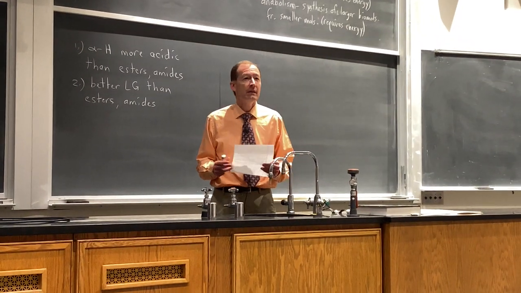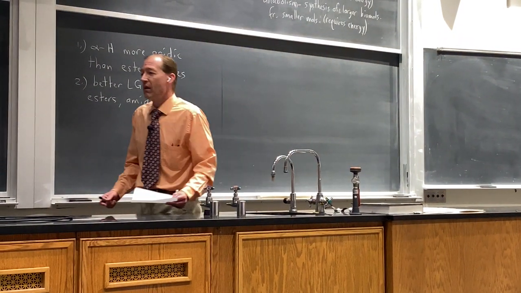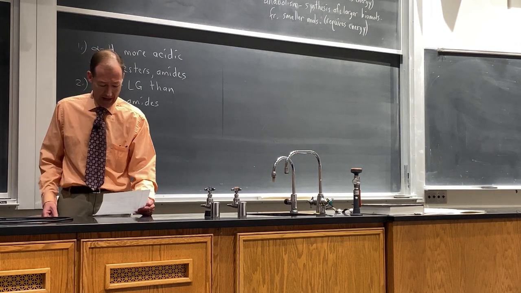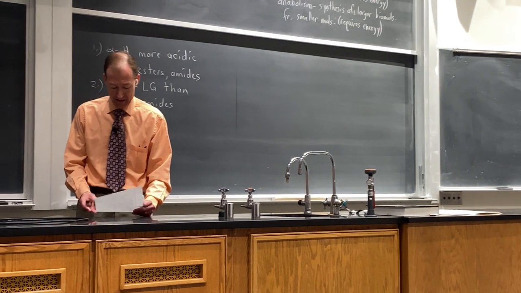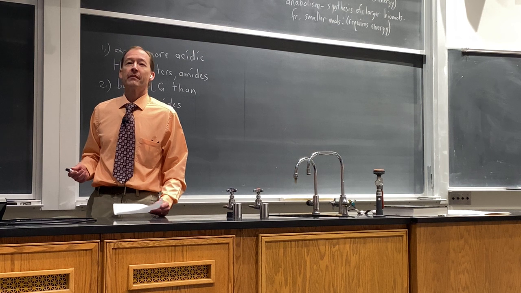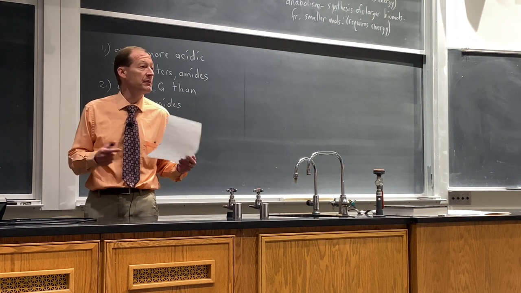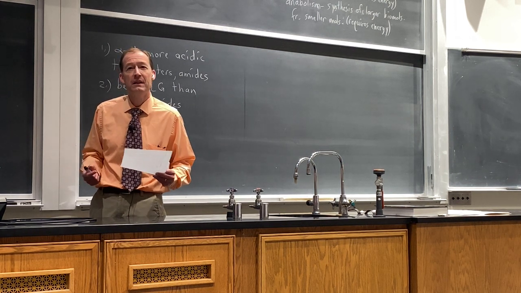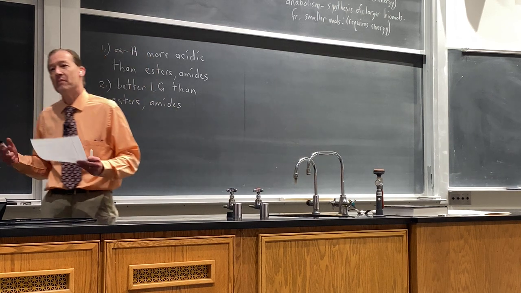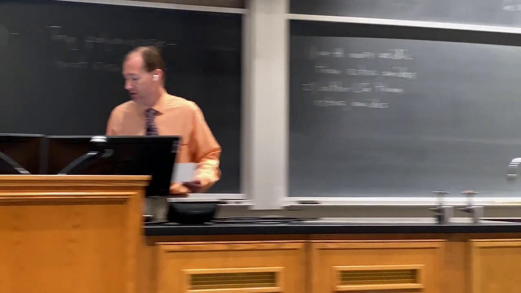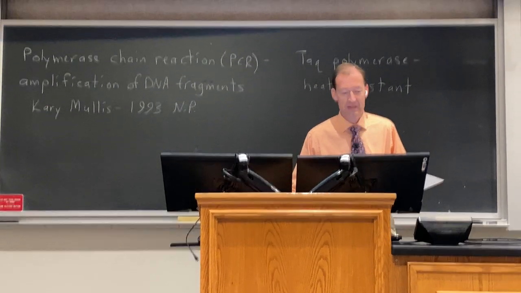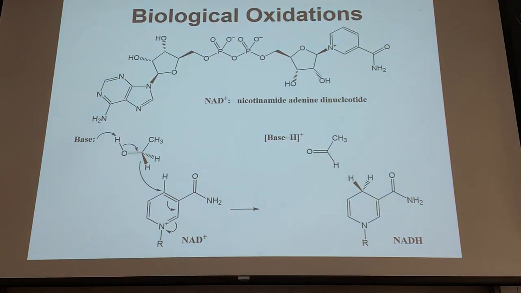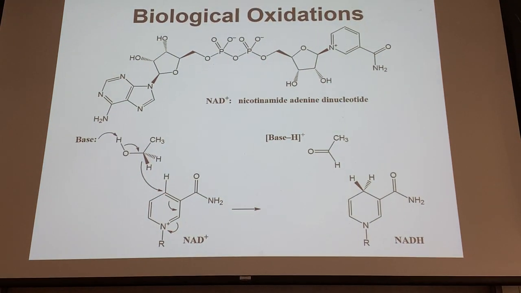Okay. All right, so there are some redox reactions that are performed in metabolism. And we've studied some of the coenzymes that are involved in biological oxidations and reductions previously in the class, namely NAD plus and NADH.